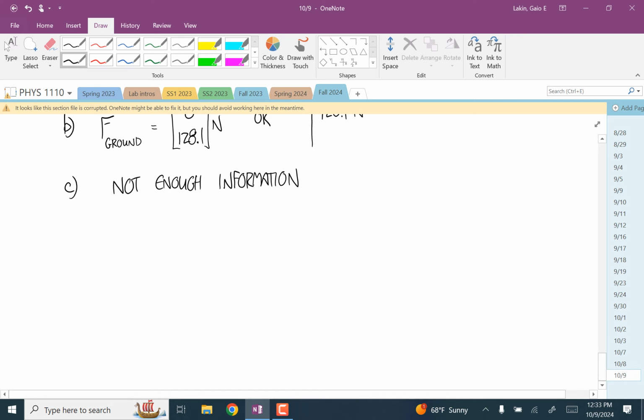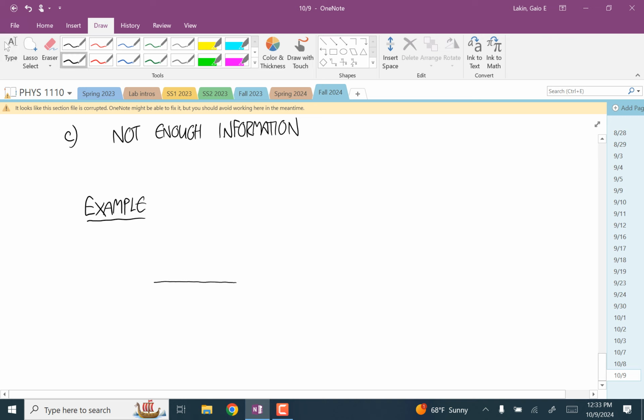Okay, let's do one now with friction. Let's say this has a mass of 3 kilograms, and there's a force pushing this way of 20 newtons, and a force pushing down of 10 newtons. And at this instant, let's say that the object is moving to the left.